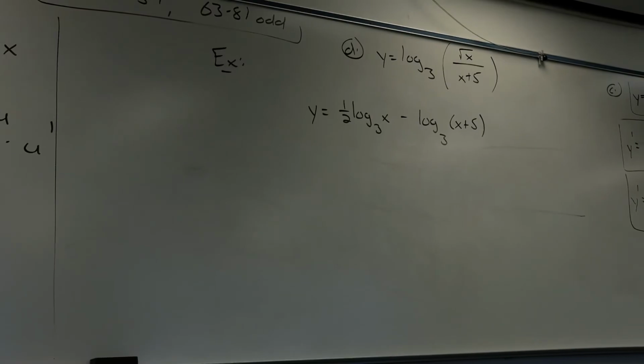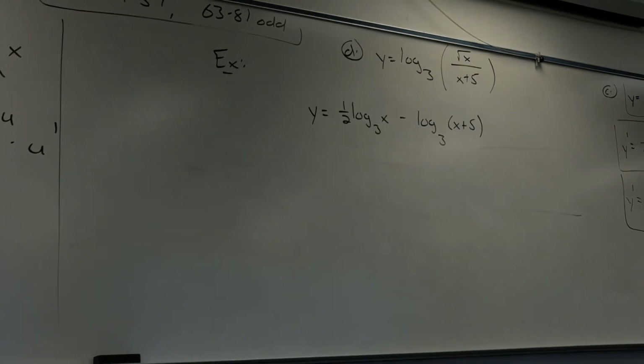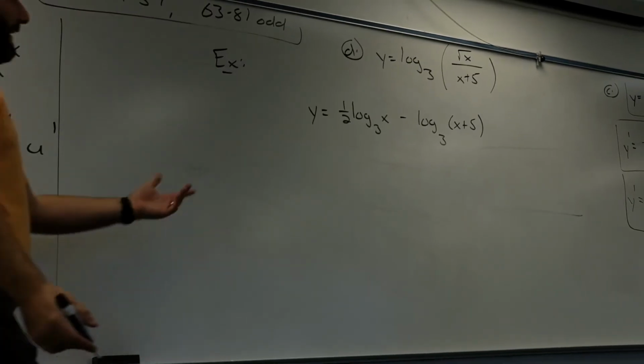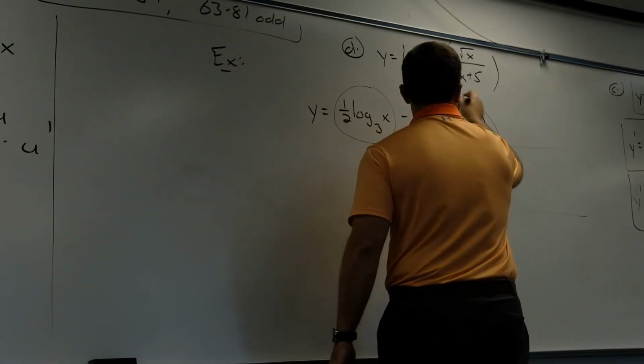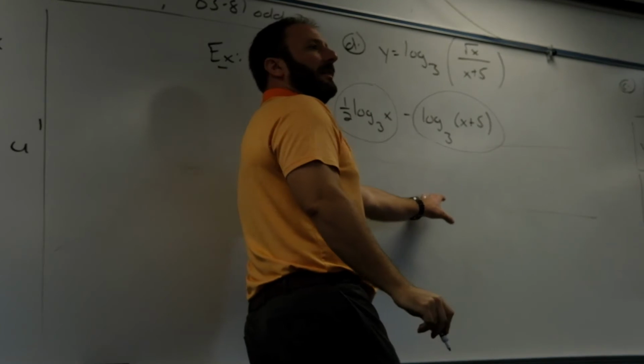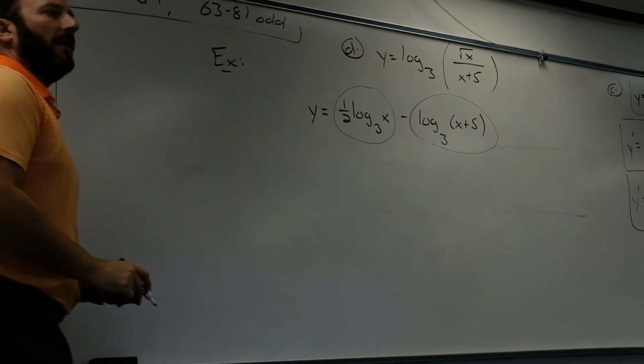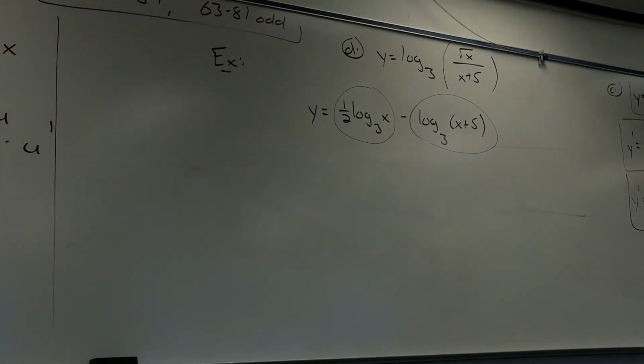So 1/2 because it was a square root, minus because we were dividing by x plus 5. And now we can just take the derivative of this guy, take the derivative of that guy, and subtract. See what we got for this one, guys. Take a few minutes, give this a shot, do each part. Looks like we need rule 3 for the first part, rule 4 for the second part.